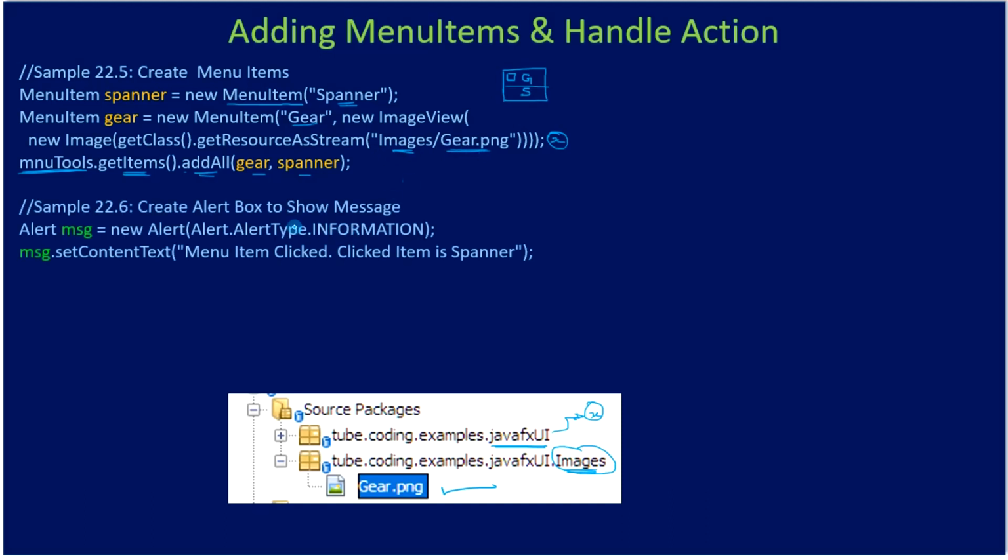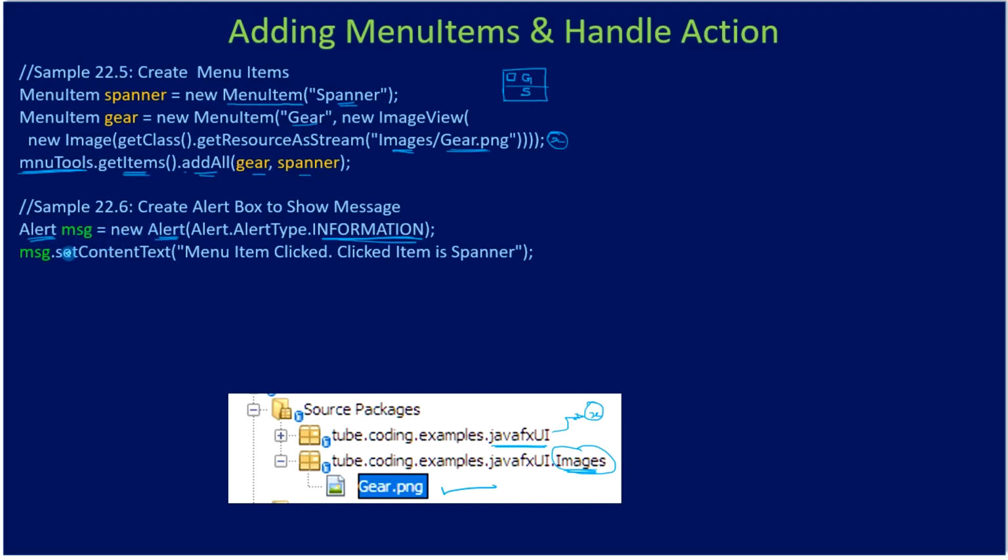Alright, next, if you see, we are creating a message alert, msg equal to new Alert, AlertType.INFORMATION. So here we are creating an information message. The class is Alert, so this is useful to display any message boxes through JavaFX.